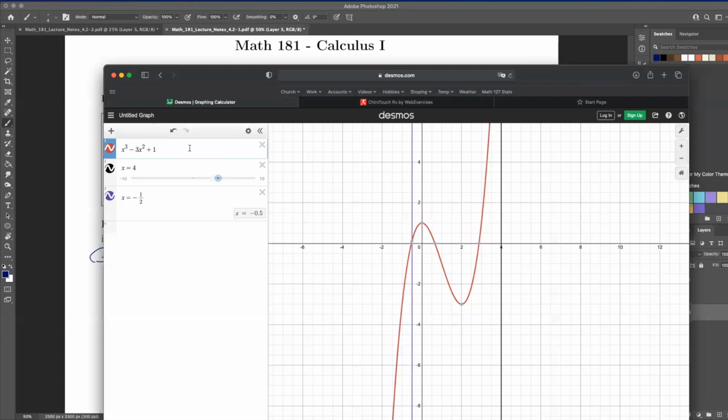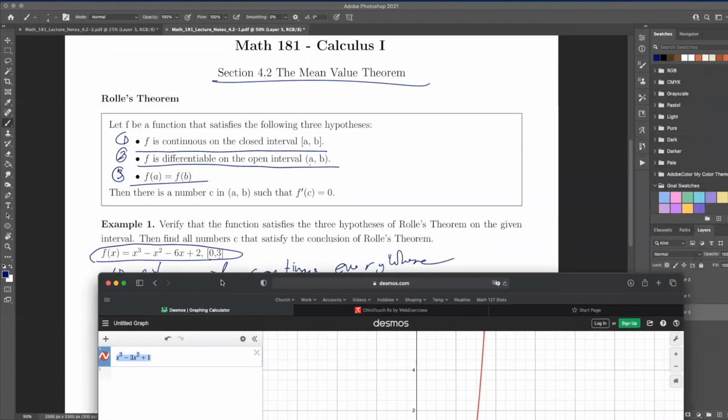Actually, we can probably just use decimals and save myself time, because I want to show you the graph of it anyway, and it should tell me what the function value is at a certain number. So x cubed minus x squared minus 6x plus 2.